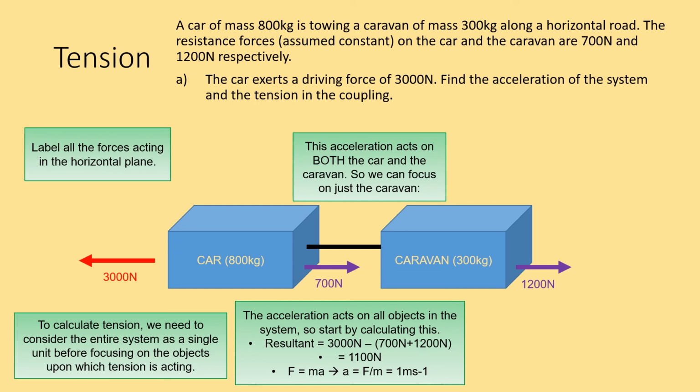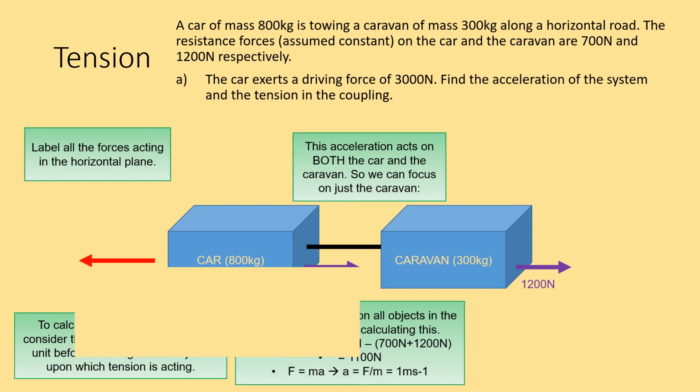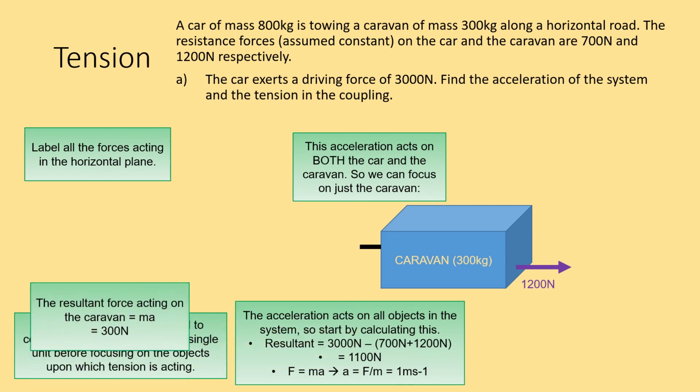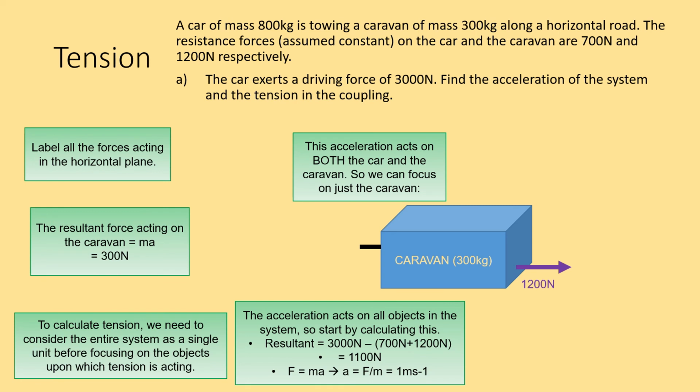The acceleration acts on both the car and the caravan, so now we can focus on just the caravan and look at that tension force. We can ignore the car for a moment. The resultant force acting on the caravan, mass times acceleration, is now 300 newtons. We have 300 kilograms multiplied by an acceleration of 1 meter per second squared.